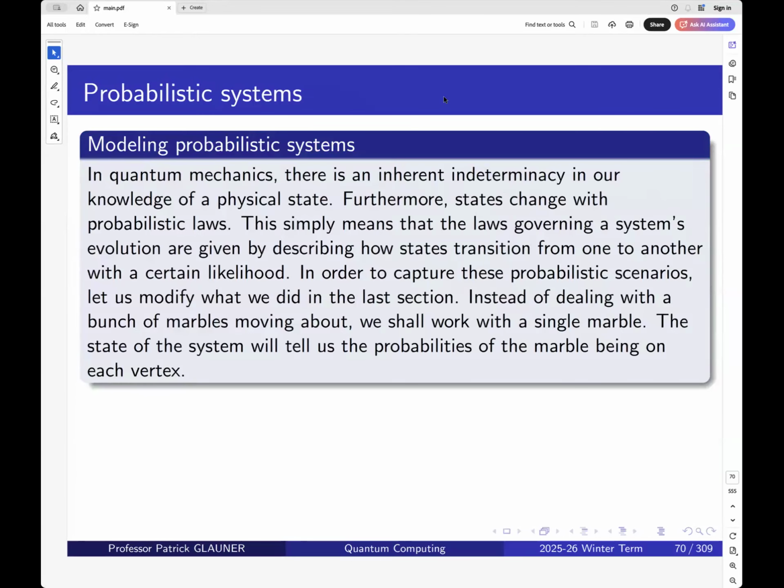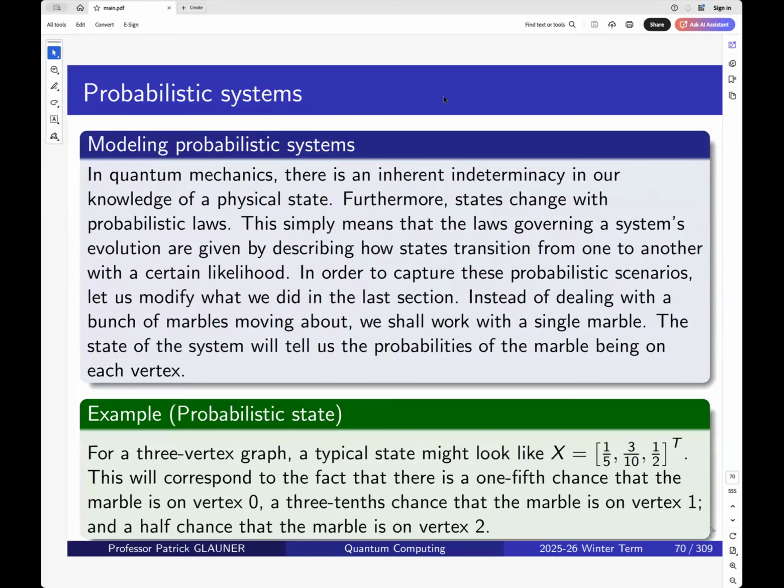So how likely it is, or how probable it is that that marble is in that specific vertex or node. And we will now think about probabilistic states, and we just look at a simpler system now for which we just have 3 positions. So we have a state vector x, which is still a column vector, but I often use in the slides just a row vector notation.